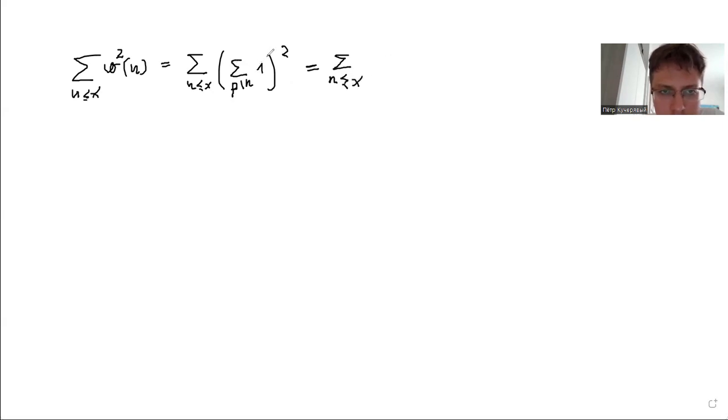So there will be a sum which corresponds to when we take a pair and the first and second prime are the same prime.